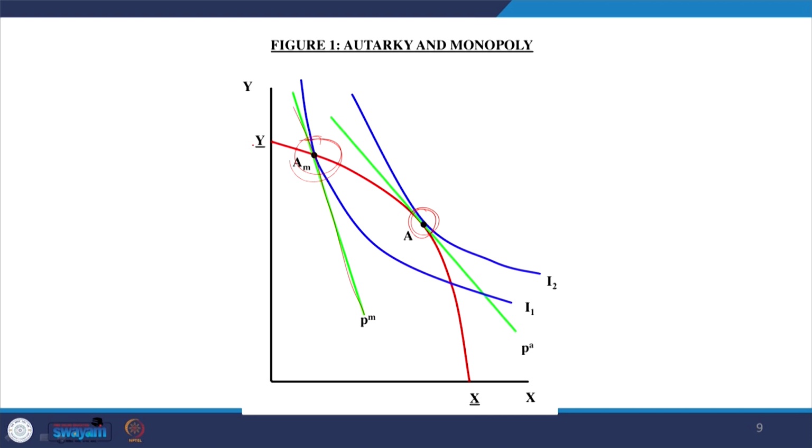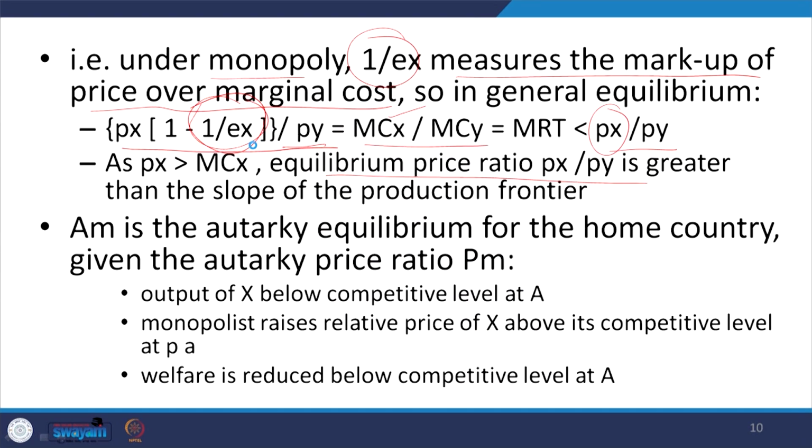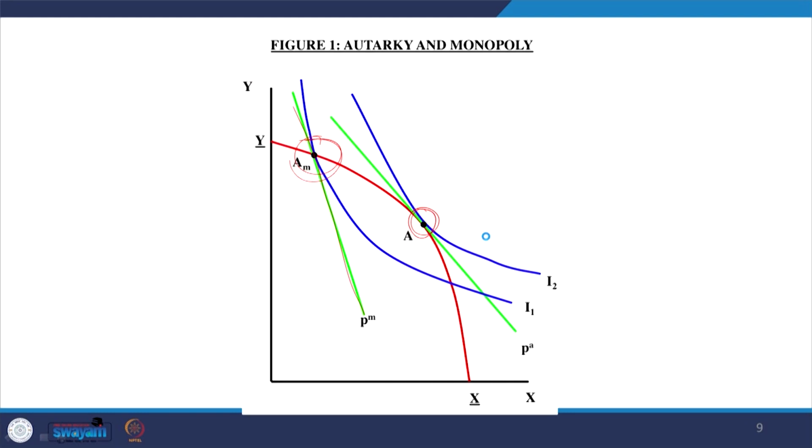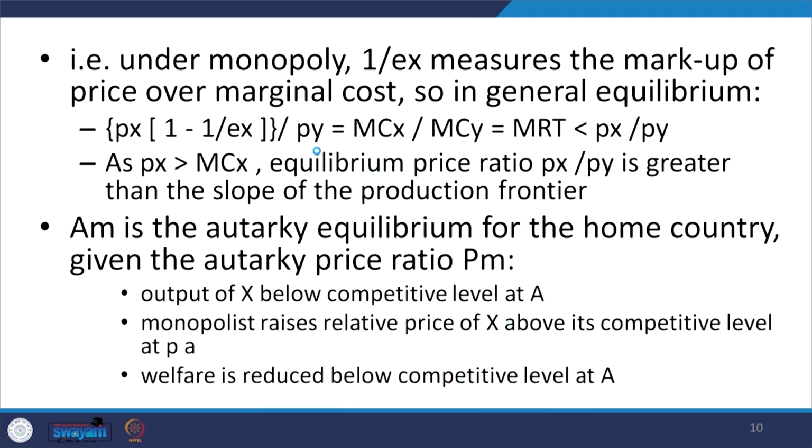Now, the pricing of the product is higher than the unit marginal cost. AM is the autarky equilibrium, as we have already said, for the home country given the autarky price ratio PM, with output of X below the competitive level at A. So now monopoly power enjoys differently, at a different point, and accordingly they tap the benefit.